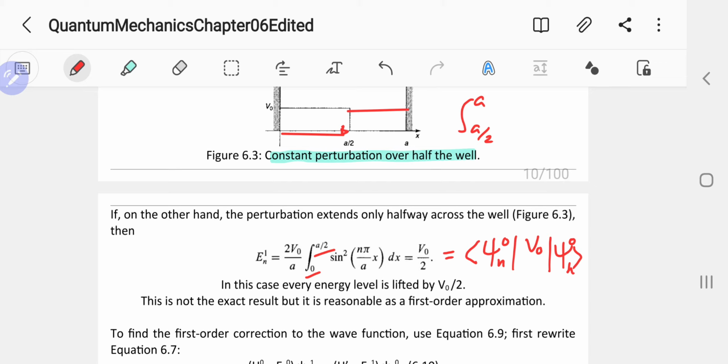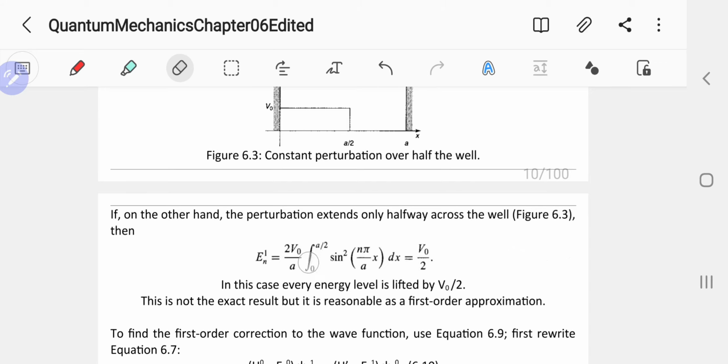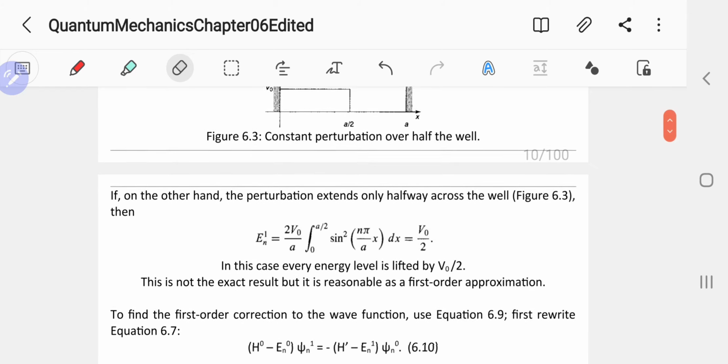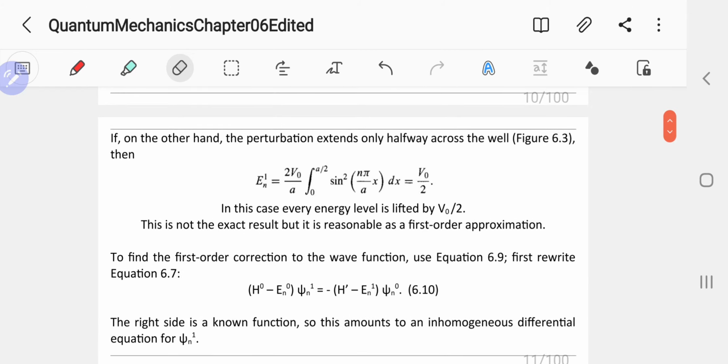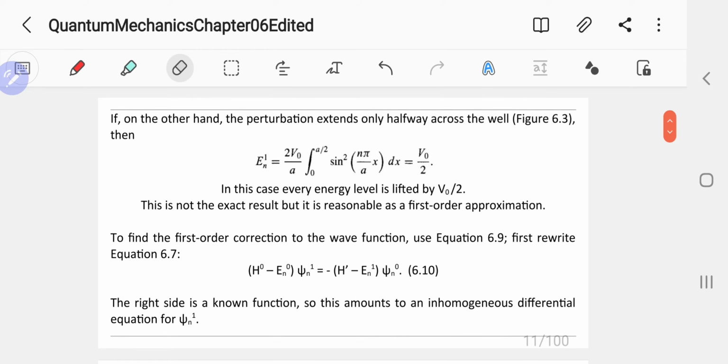But maybe it could be the same because the range is the same. But yeah, you can solve it also later. So this is not the exact result, but it is reasonable in the first order approximation.